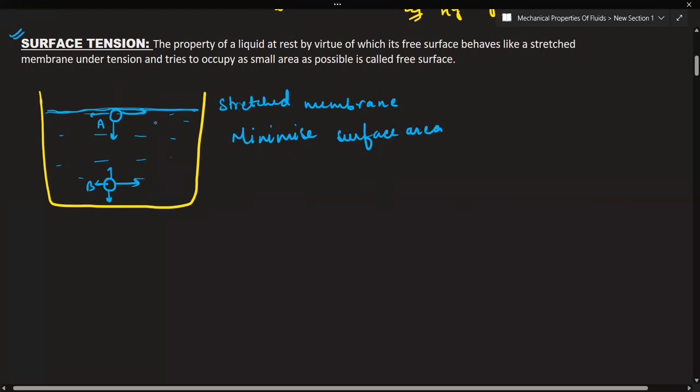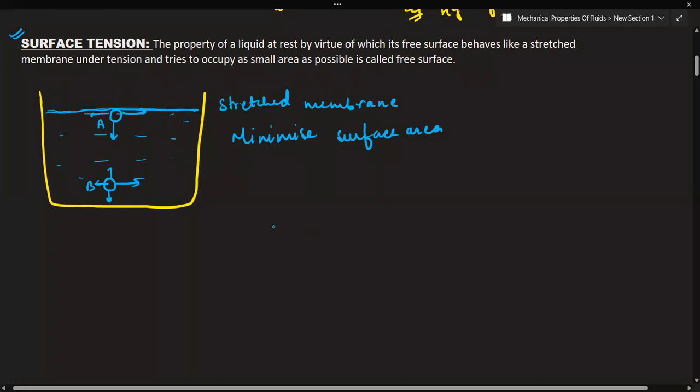The molecules on the surface of the liquid have more potential energy than those within the liquid, because to take the molecules from the interior of the liquid to the surface, work is done. That we'll see later on, surface energy is the phenomenon. But for now, the property of a liquid at rest by virtue of which its free surface behaves like a stretched membrane under tension and tries to occupy as small an area as possible is known as surface tension.